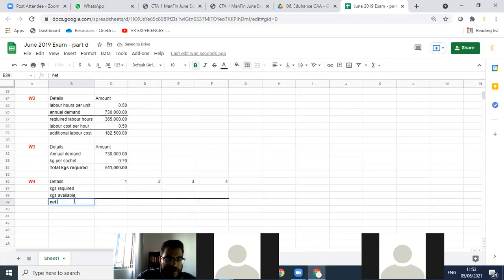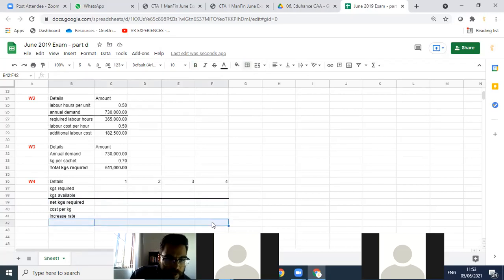I'm just going to say net, you can call it whatever you want to. Then cost per kg, increase rate, and total cost. I'm going to call this total cost over here.